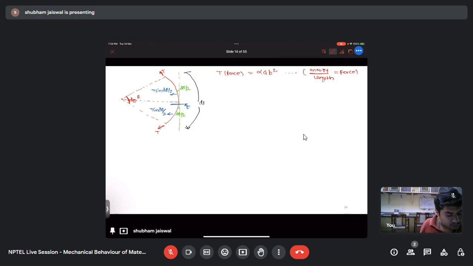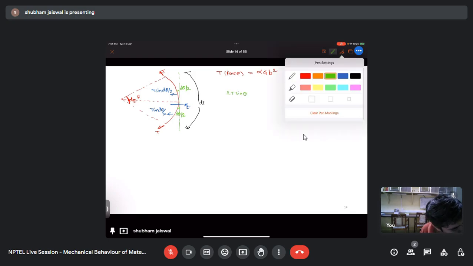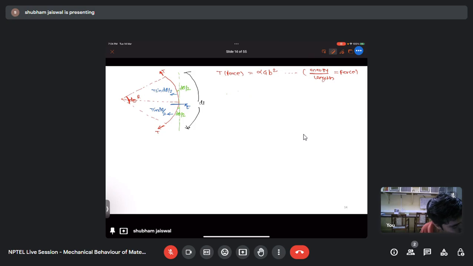Okay, so if we try to balance out the forces, on the left hand side we are getting 2T sin(delta theta by 2), and it is balanced by the shear force, that is tau into b into dl.